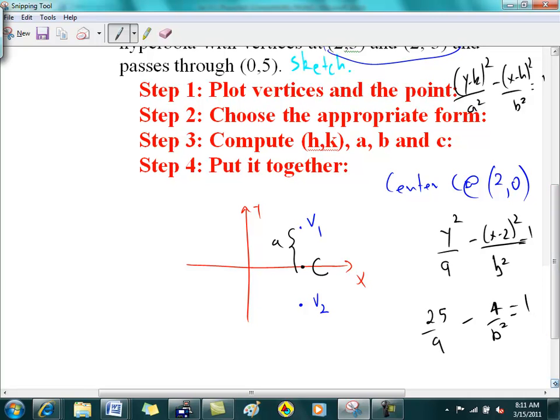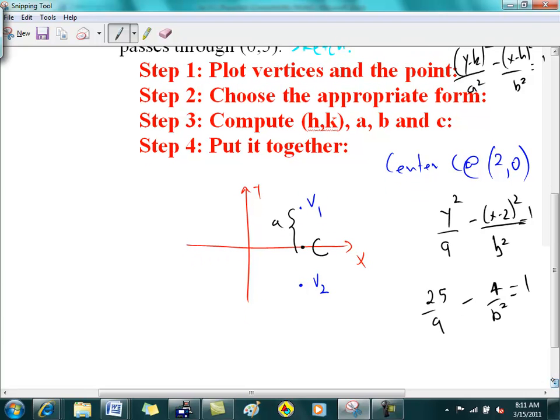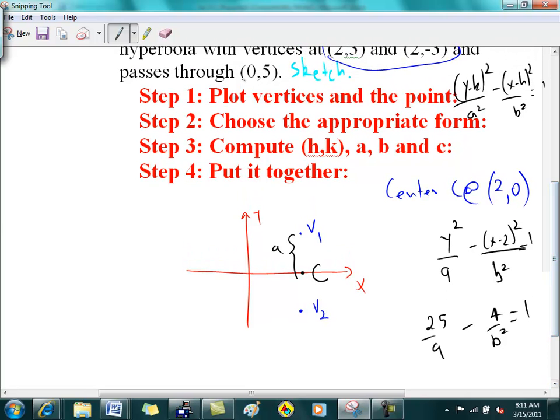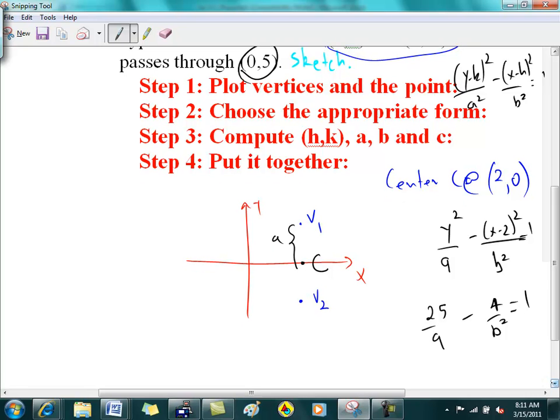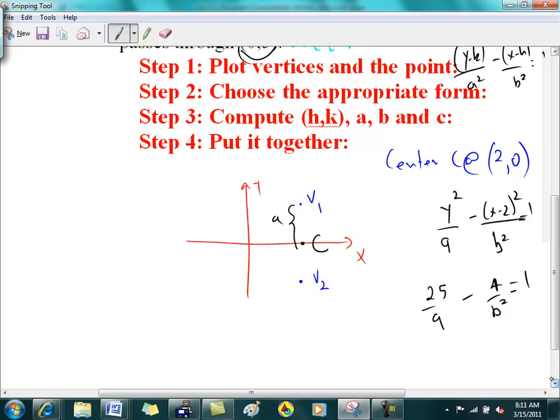Is everybody okay with that? I skipped quite a few steps there. It's going through the point (0, 5). It tells you right there. All I did was put y equals 5 and x equals 0 in this equation here.